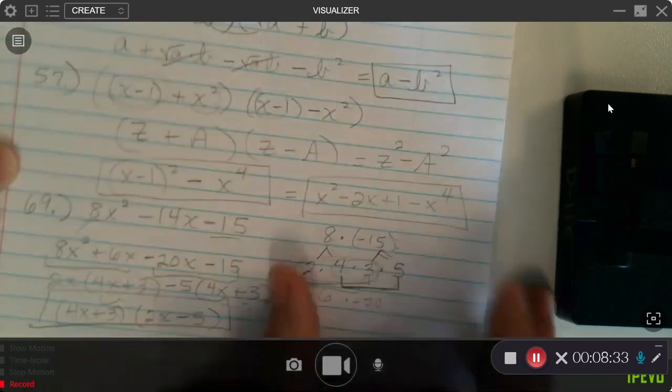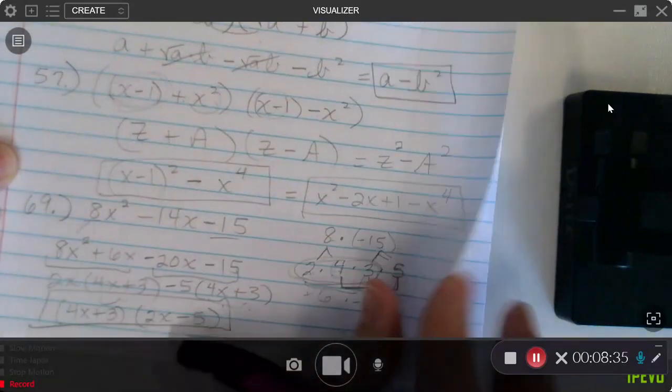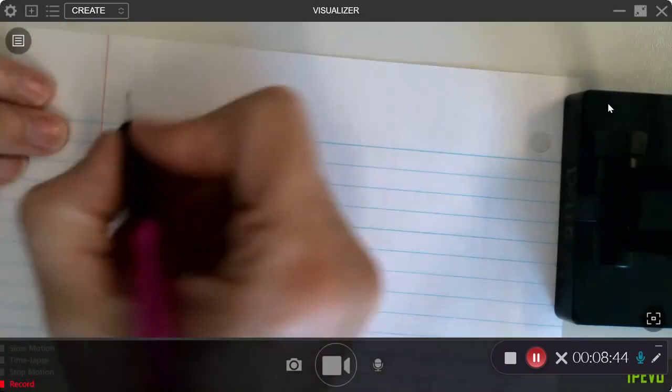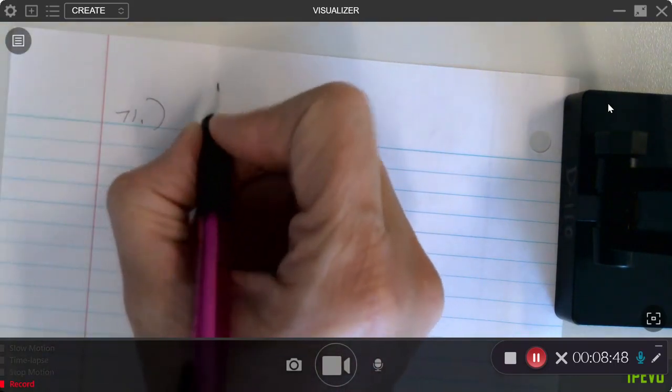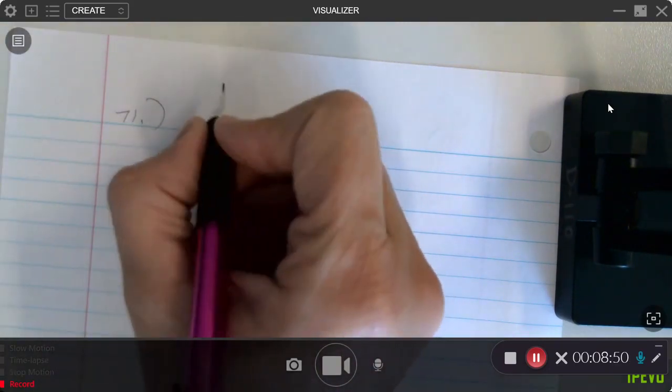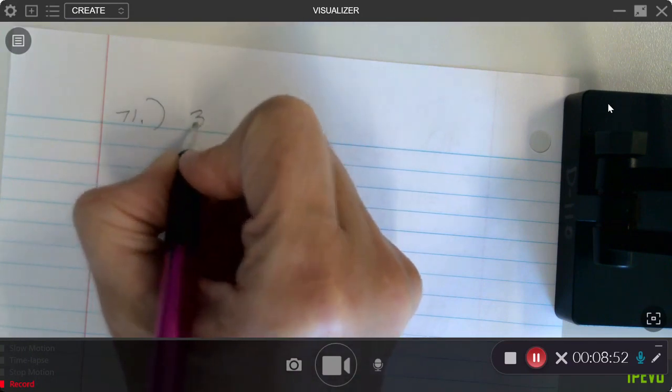71. I want you to bear with me on 71 because I believe this is one that you shouldn't have to take to the master product, I don't think.